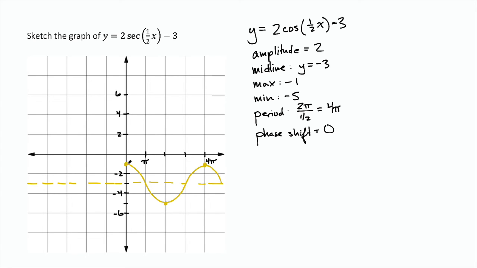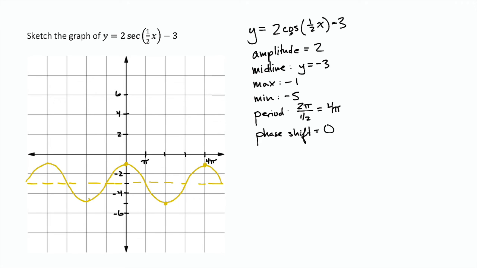You don't have to be super perfect, but we can at least try to be careful as we do this. So there's the sketch of this cosine function.